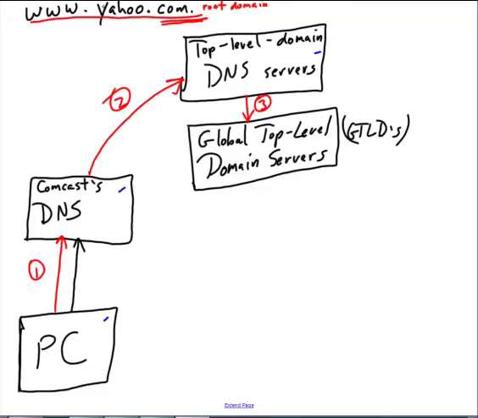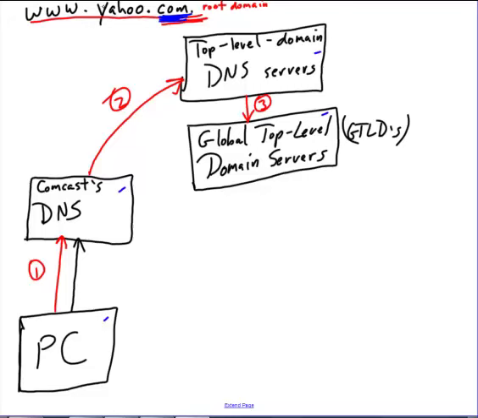Those only know about how to find servers that can deal with .com, .org, .gov, whatever type addresses. And so it passes off your request to the global top-level domain servers, which can continue this chain of events. Now, we've resolved up to the top-level domain part of our address.